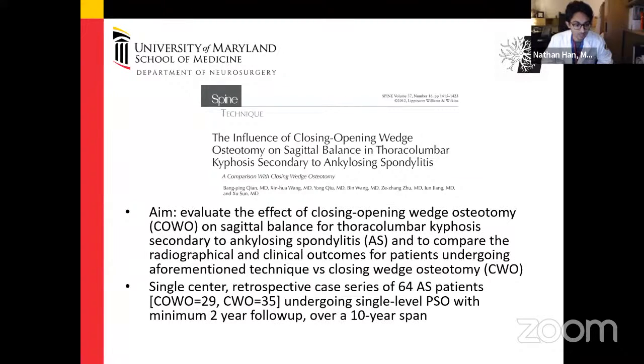This was a single center retrospective case series using 64 ankylosing spondylitis patients, roughly split in half between the two surgical technique arms, all undergoing just a single level PSO with a minimum 2-year follow-up. The data was reviewed over approximately a 10-year span.